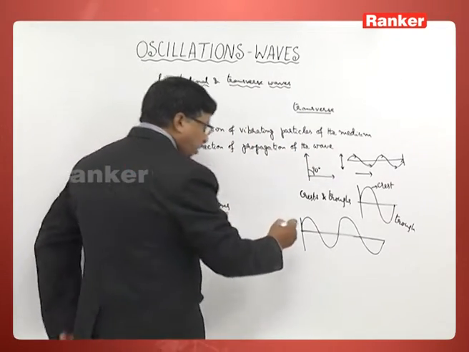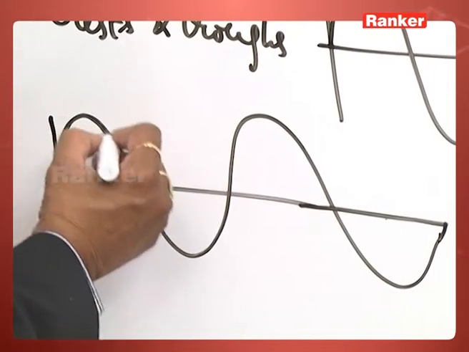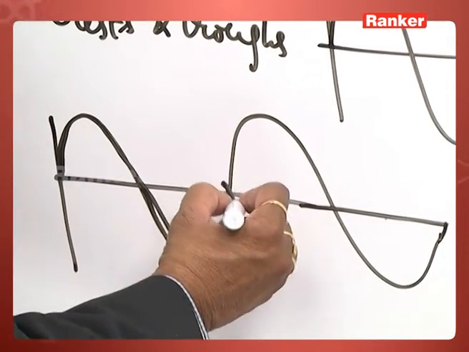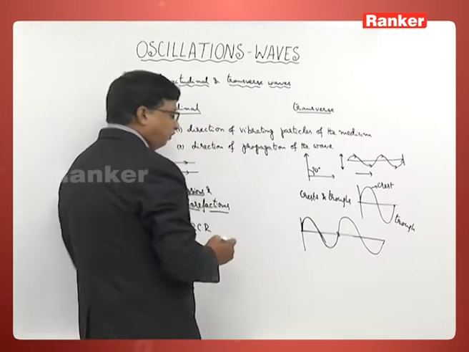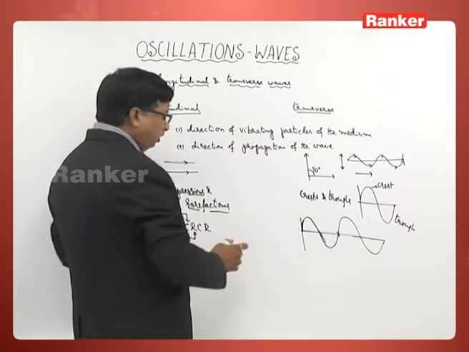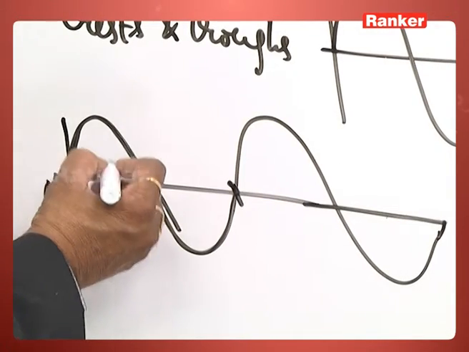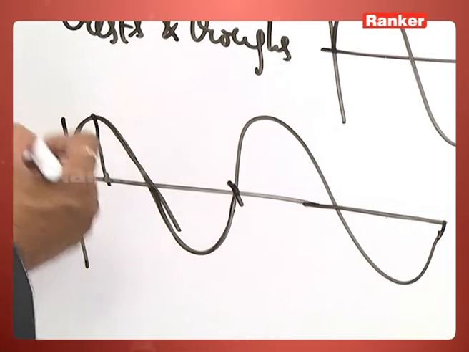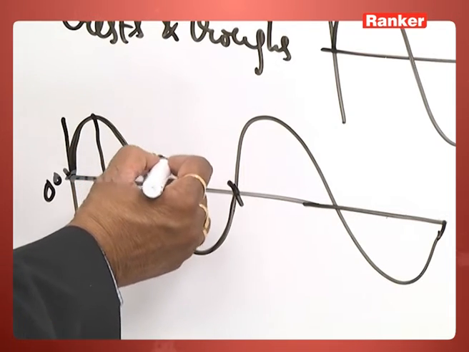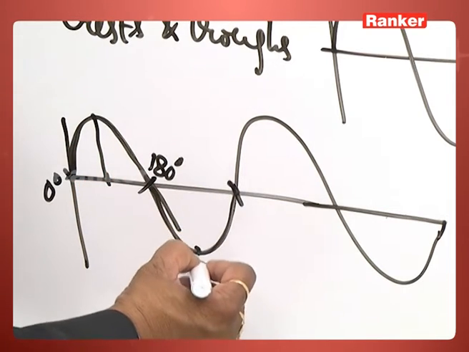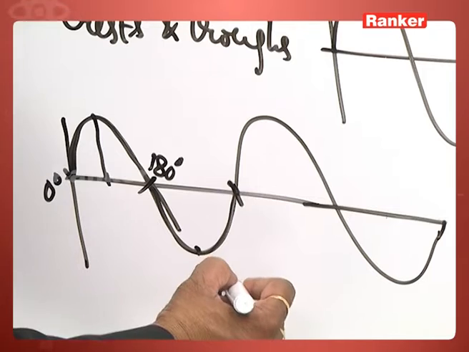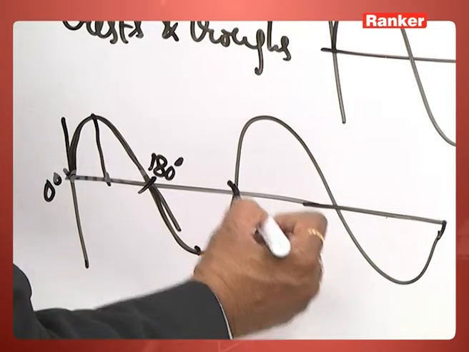For example, when we consider one wave this way, the total angle in a wave is 2 pi radian. The angle here will be 0 degrees, here 90 degrees, here 180 degrees, here 270 degrees, and here once again 360 degrees.